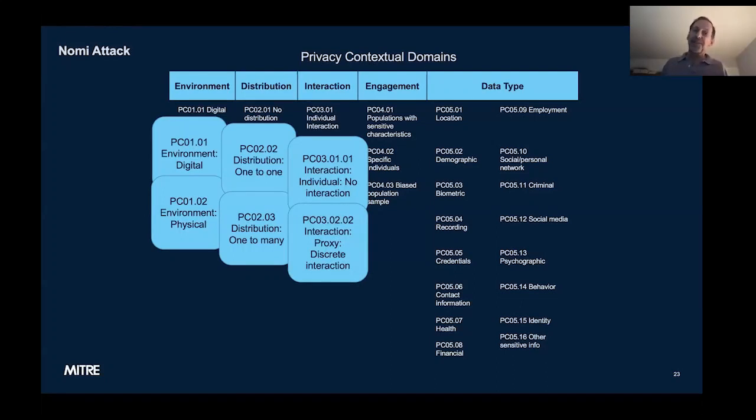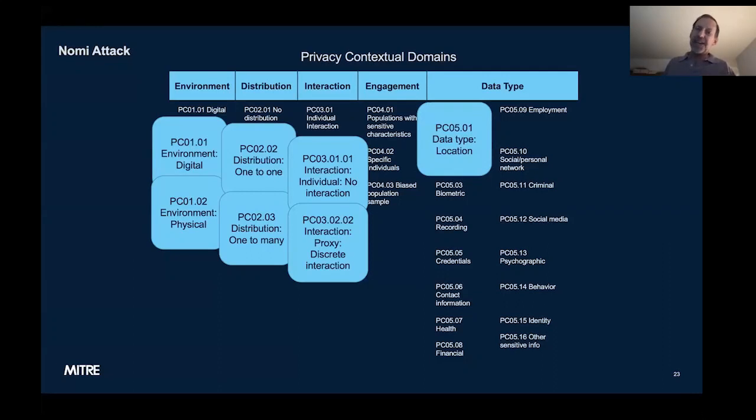The phones are acting as proxies for the individuals, and the interactions were discrete because they were only happening when people were frequenting these physical establishments. There was no engagement with sensitive populations. They grabbed everybody's data, without discriminating.